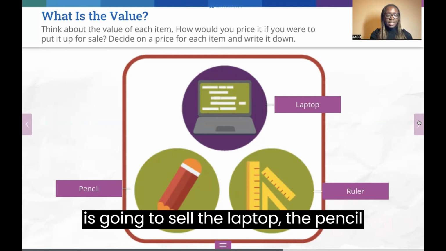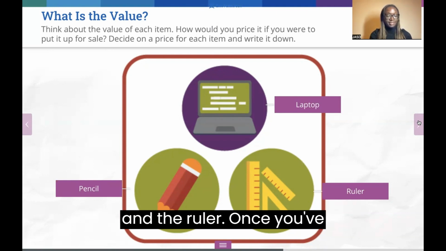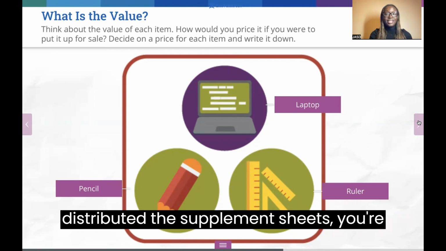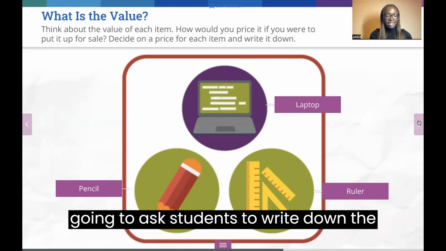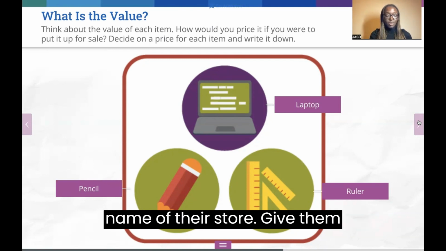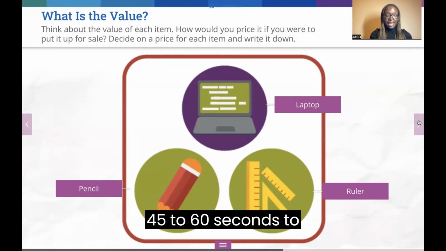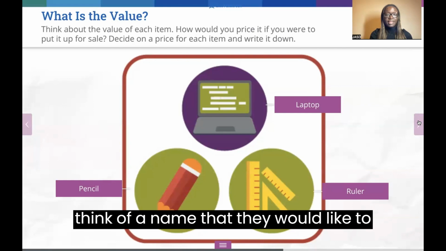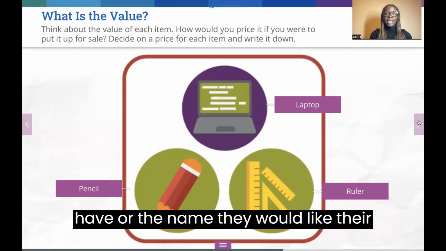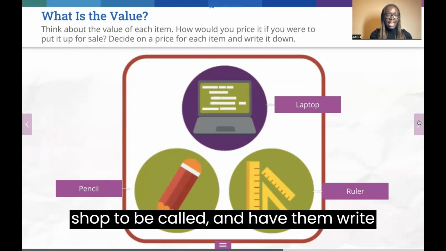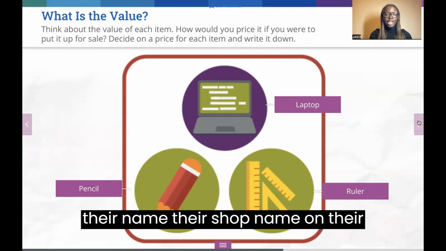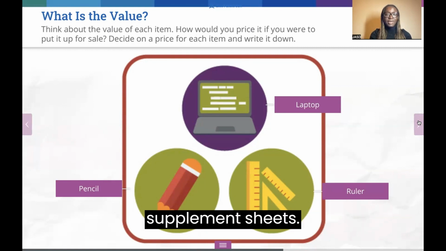Each shop is going to sell the laptop, the pencil, and the ruler. Once you've distributed the supplement sheets, ask students to write down the name of their store. Give them 45 to 60 seconds to think of a name they would like their shop to be called, and have them write their shop name on the supplement sheets.